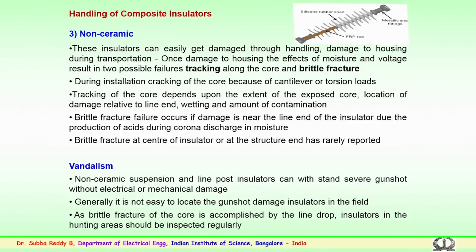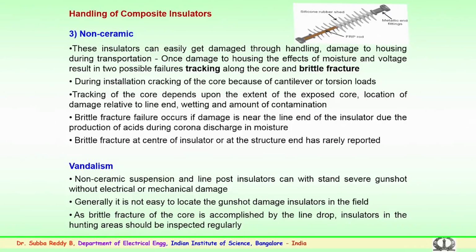Vandalism, again here non-ceramic composites, suspension and line post insulator, could withstand a severe gunshot without electrical or mechanical damages, and these are generally not easy to locate for the gunshot in the field because of the structure of these insulators, as brittle fracture of the core is accomplished by the line drop.